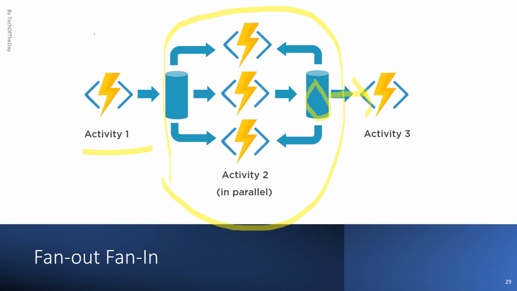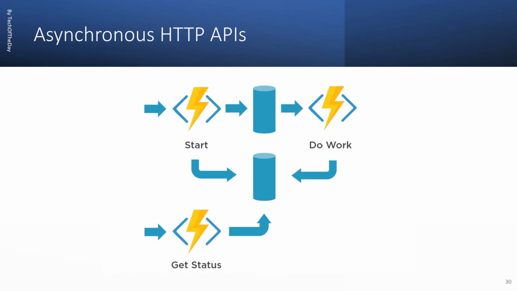The next pattern, asynchronous HTTP APIs. This pattern is useful when you have an API that you need to repeatedly poll for progress. You start off a long running orchestration, and then your orchestrator function can manage the polling until the operation has completed or timed out.